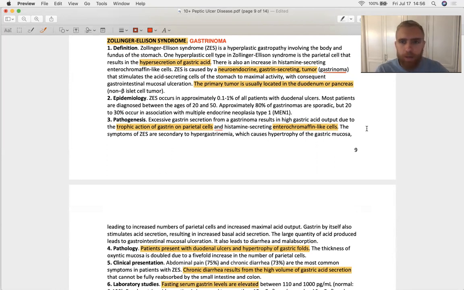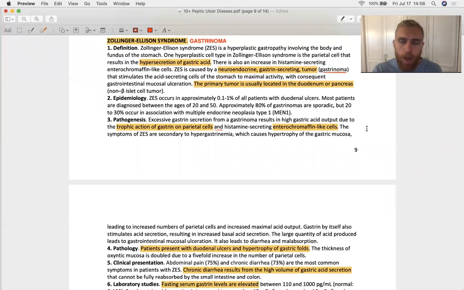In Zollinger-Ellison, your parietal cells are growing too much. They're stimulated. They get told, grow, grow, grow. And the messenger, the peptide that tells parietal cells to grow is gastrin. And gastrin is normally secreted by G cells at the antrum of the stomach in response to a meal.